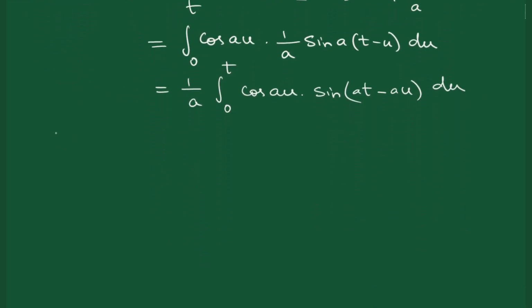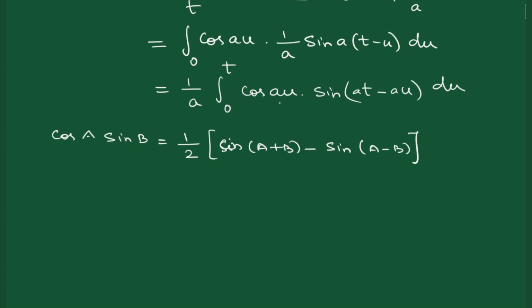Let us remember the formula: cos A sin B is 1 by 2 into (sine of A plus B minus sine of A minus B). Now this is treated as A and this is treated as B.